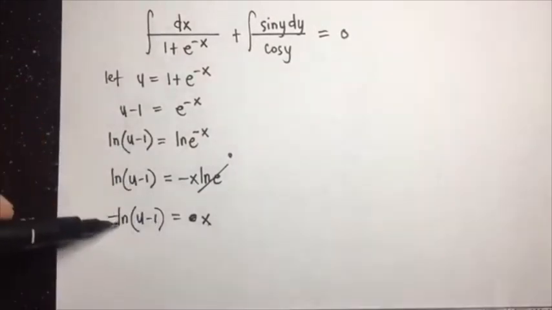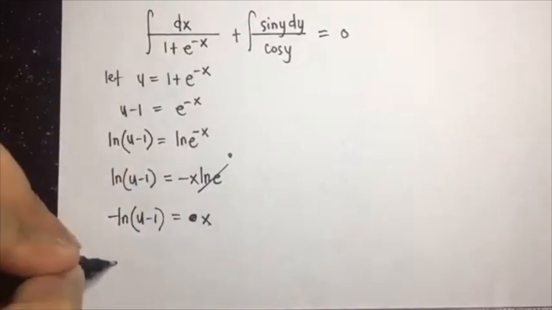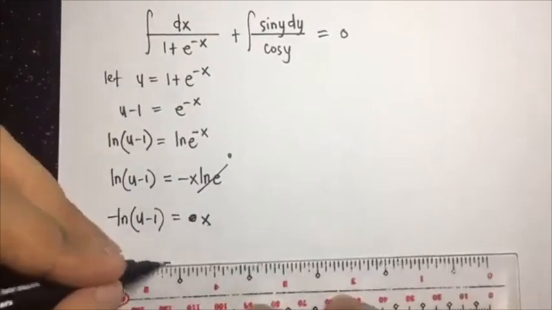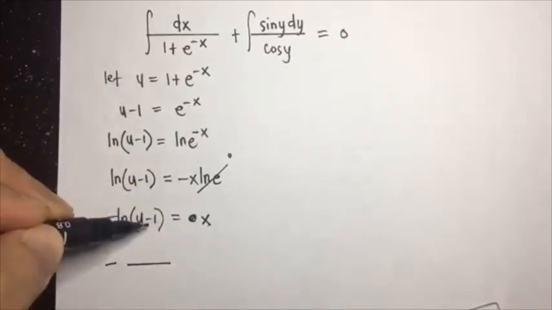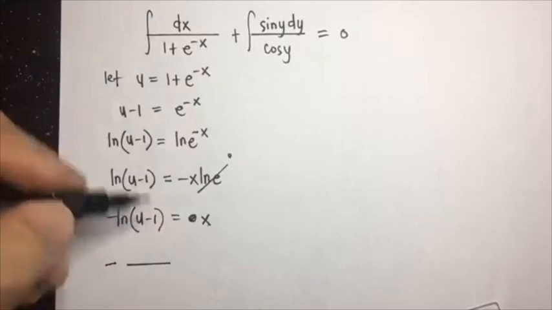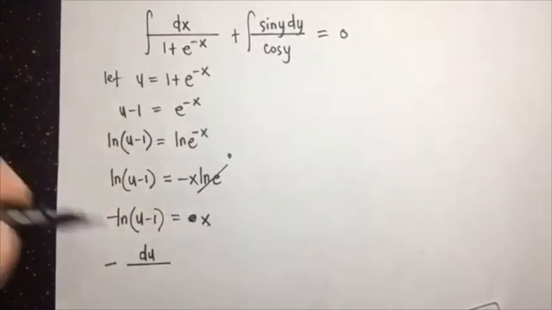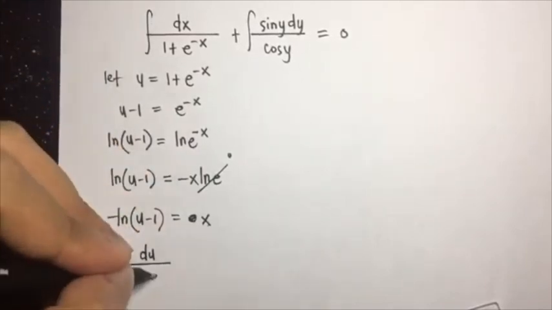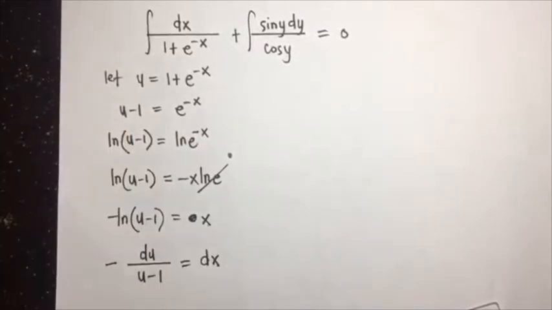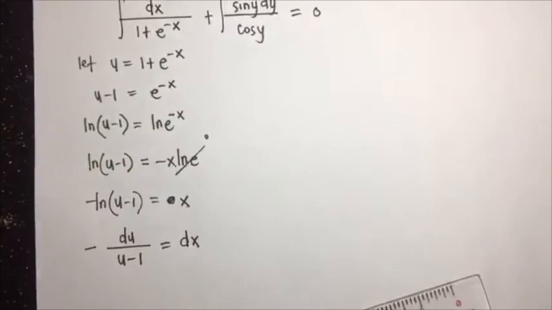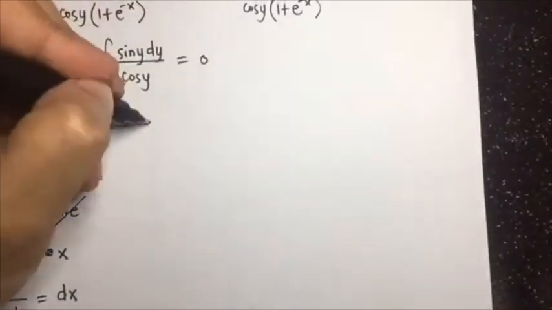The differential of negative ln of u minus 1 is negative du over u minus 1, and that is equal to dx.